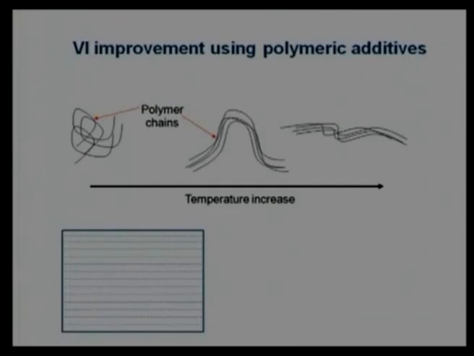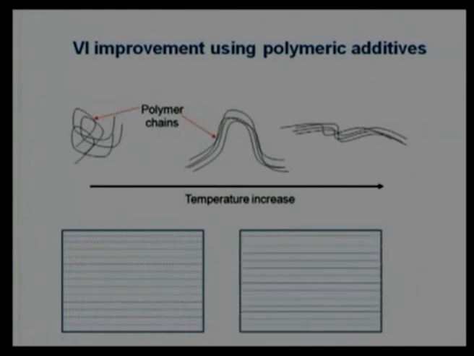To demonstrate that in another way, we have one figure. I am assuming this is containing the lubricating oil. Now, if the temperature increases, these dots are decreasing in their width.